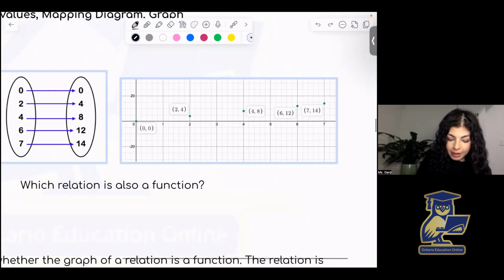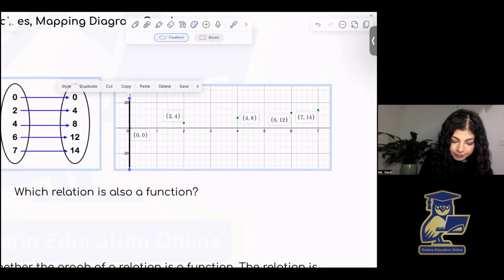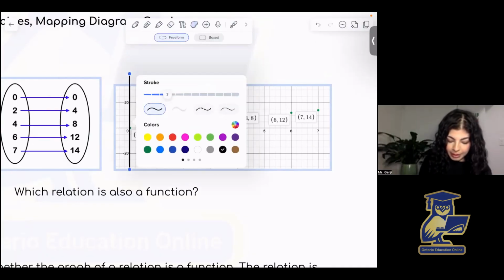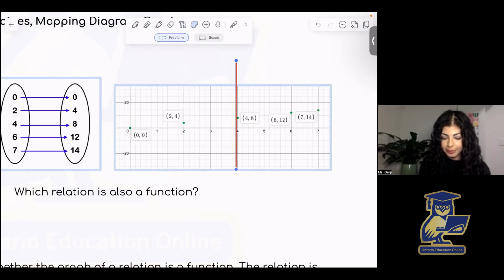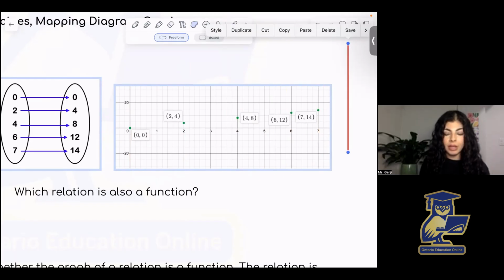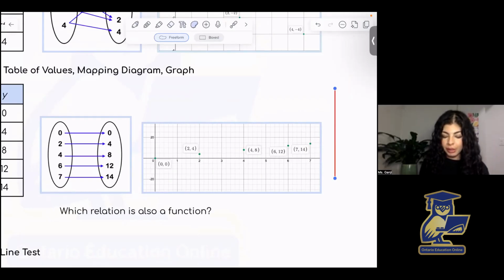For example, here, let me start with my straight vertical line, and then we make it red so we can see. Through this point, there's only that one point. Through here, there's only that one point. Same, 1 point, 1 point, 1 point. So this graph passes the vertical line test, so it is a function.